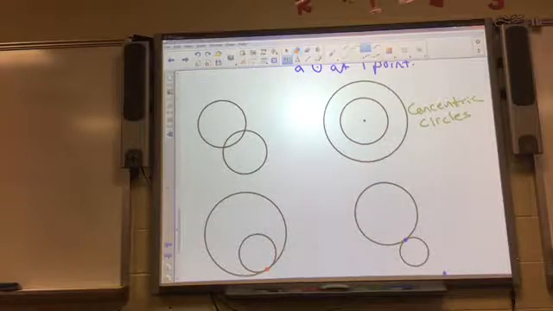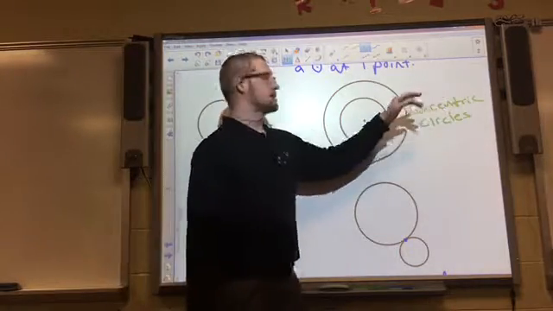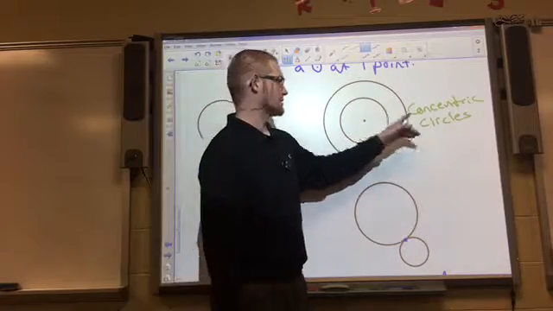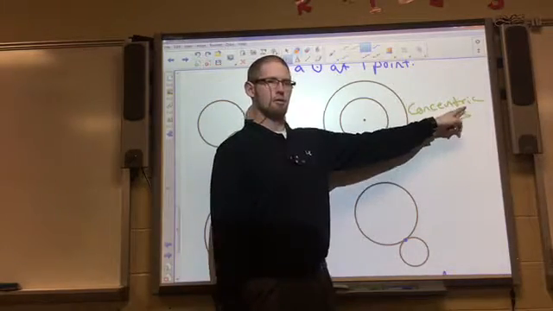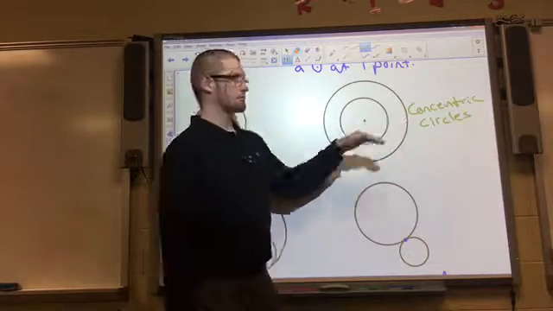Not just no points of intersection. What else is special about those two? Yeah. They share the same center point. Okay, that's what I was looking for. You're right, though, they are, but that's not what concentric means. Concentric means they share the same center point. You can kind of see the word center in there, right? Okay?